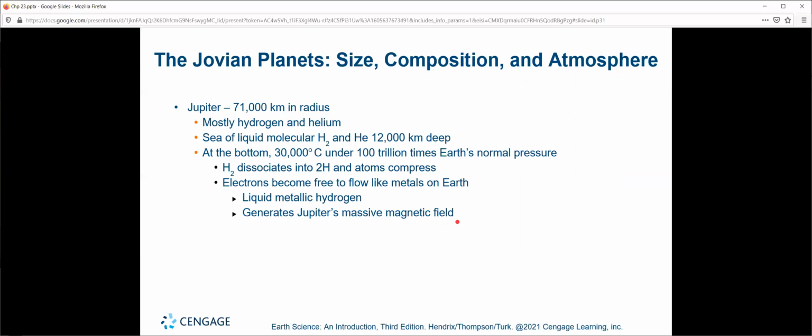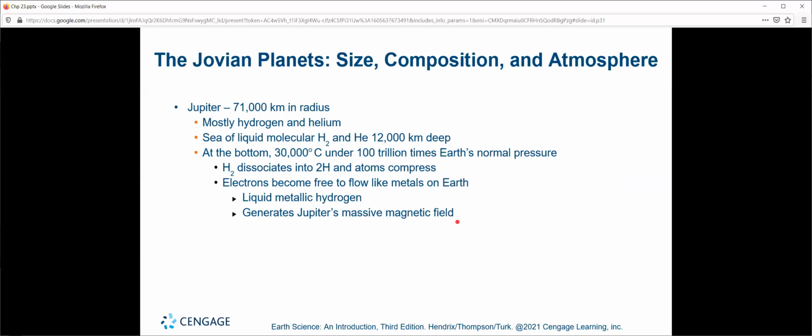Mostly consisting of hydrogen and helium. This, of course, is because those are the most common elements in our solar system. We have seas of liquid molecular hydrogen and helium, some 12,000 kilometers deep, floating around Jupiter. This is the liquid mantle I talked about at the beginning.